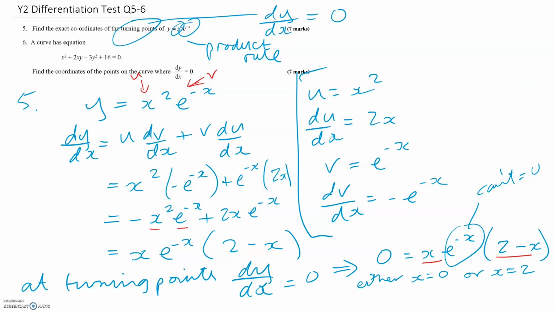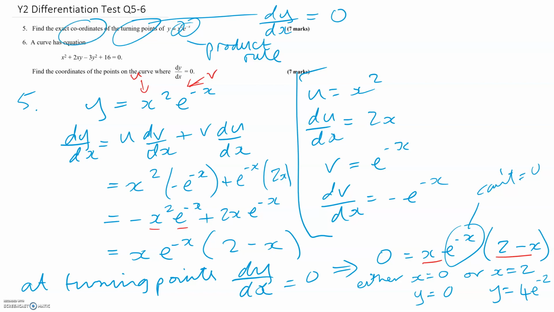And when x equals 0, we can substitute that back into the original equation, and we'll get y equals 0. And when x equals 2, we can substitute that back into the original equation, and we'll get 4e to the minus 2.